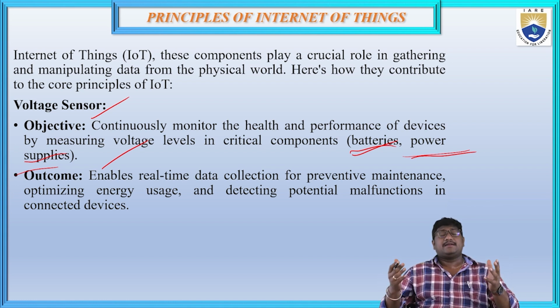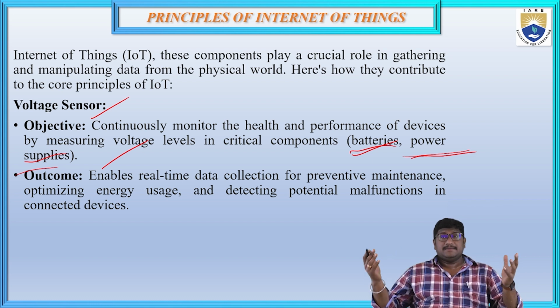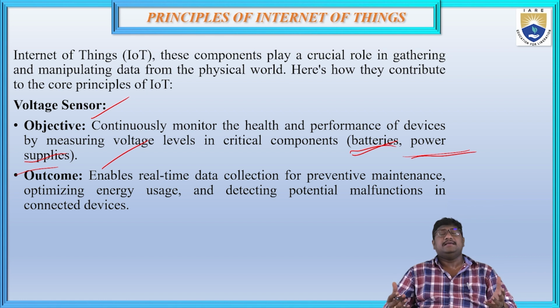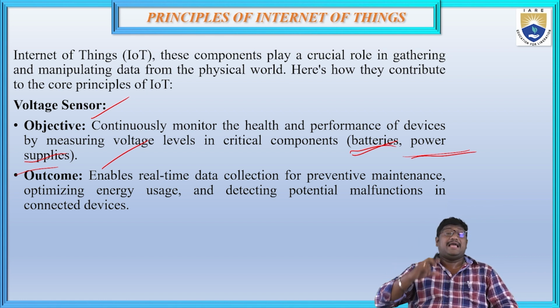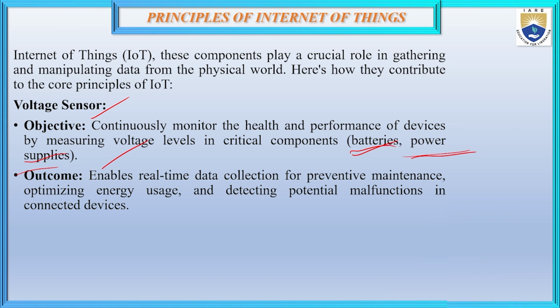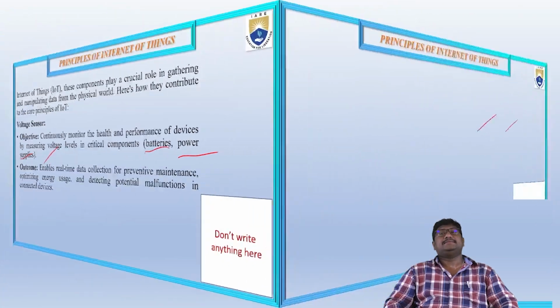With that, we enable real-time data collection for preventive maintenance, optimize energy usage, and detect potential malfunctions which may happen in any kind of IoT system. For that purpose, these voltage sensors are going to be known to us.